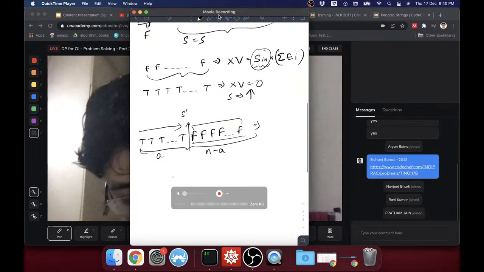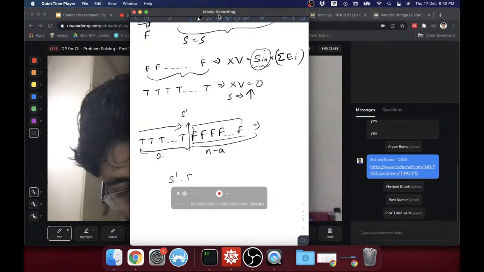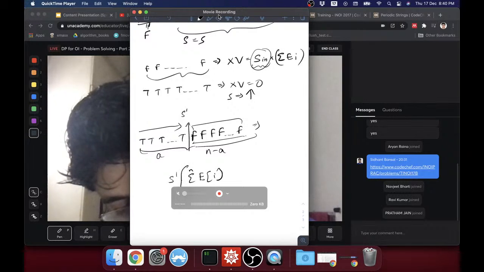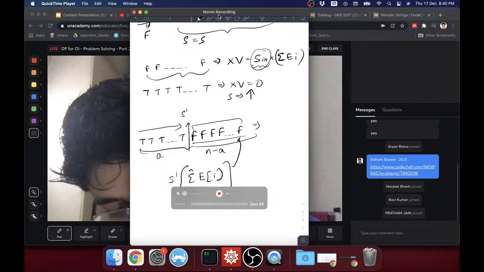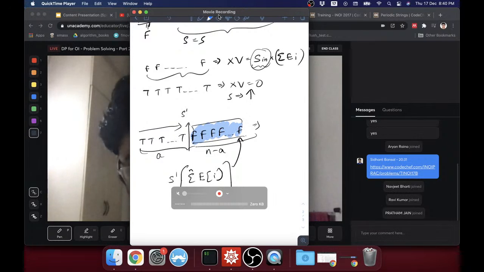Now your experience will be something like S prime times summation E of I goes from A plus 1 to N. This is the experience of this chunk, the chunk in blue, and I'm multiplying it with the strength that I get after this point.